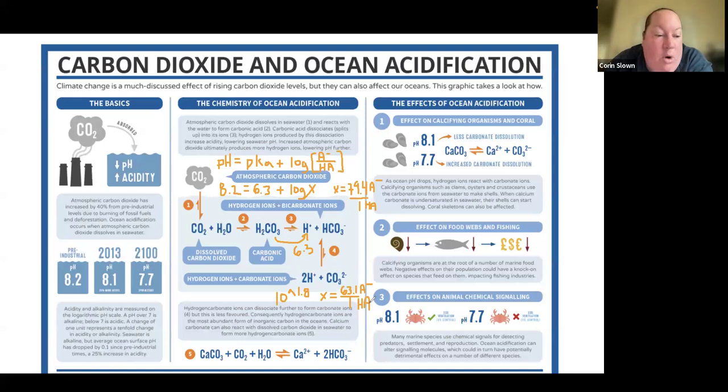So part of what I'm hoping to show is that by changing the hydrogen ion concentration, that's going to change the buffering capacity that we see in the ocean. And when we change the buffering capacity of the ocean, we're changing the ability to absorb hydrogen ions, but we're also changing the way organisms function in that environment.